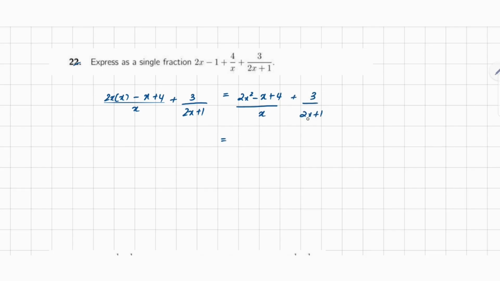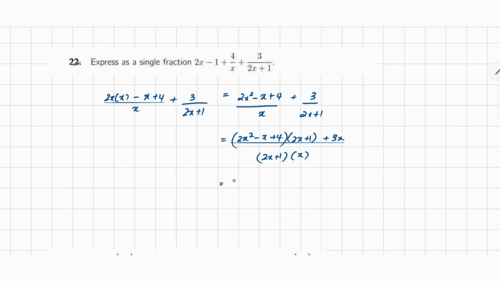Here there are no common factors in the denominator, so we cross multiply. So we have (2x squared minus x plus 4) times (2x plus 1) plus 3 times x over (2x plus 1) times x. So we can expand the brackets.